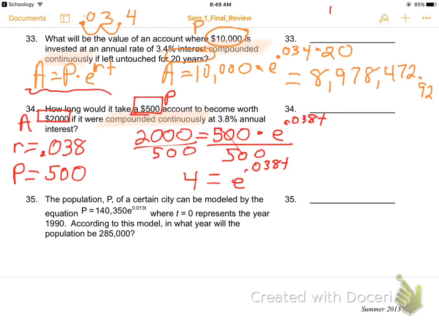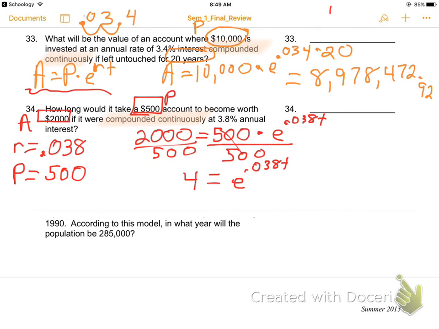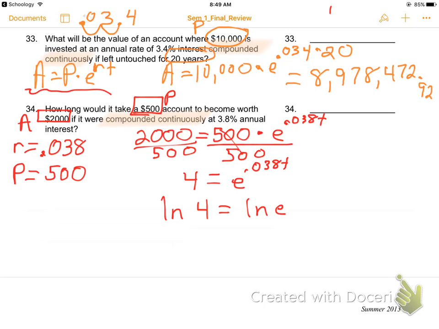And because I have E, I'm actually going to go ahead and take the natural log of each side. So I have the natural log of 4 equals the natural log of E to the 0.038T.